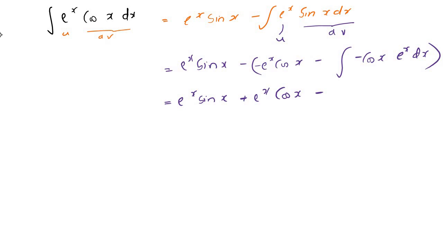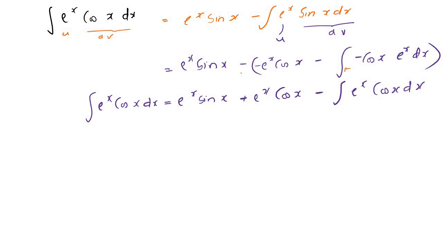This and this gave a plus, but with this minus, it became a minus again. So that minus, we have integral e to the power x cos x dx. And the whole thing is equal to integral e to the power x cos x dx.